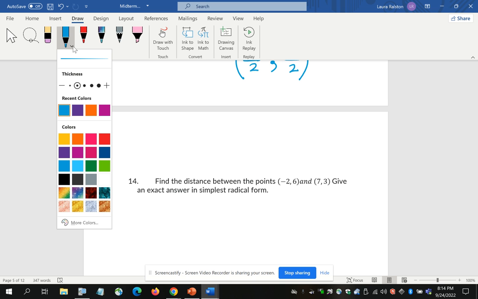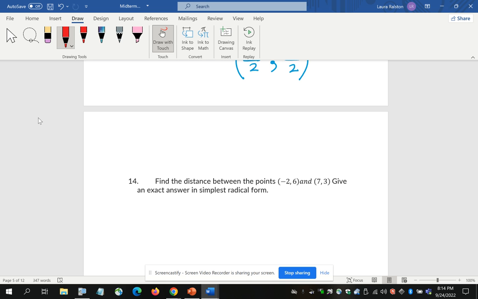Question 14, you're asked to find the distance between the same 2 points. The formula for distance, again, is one of the formulas you're given.